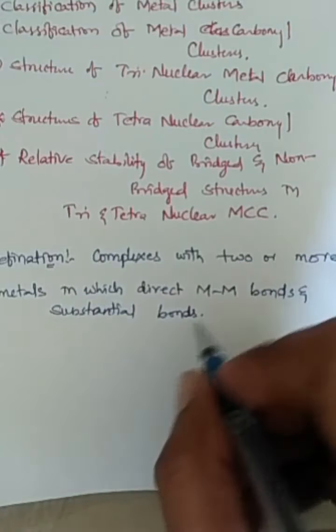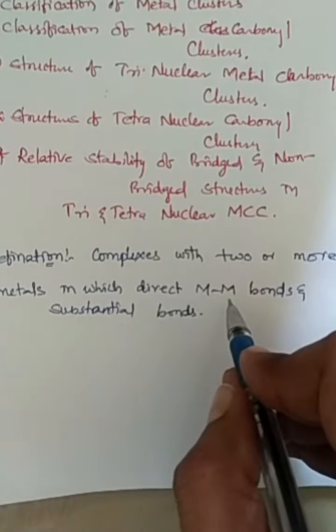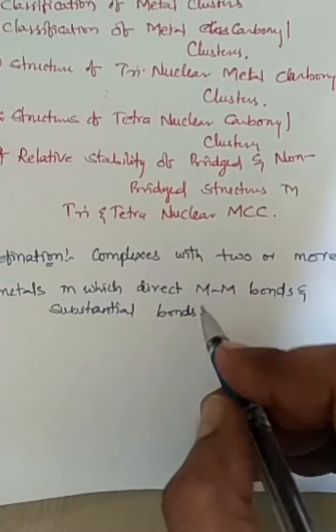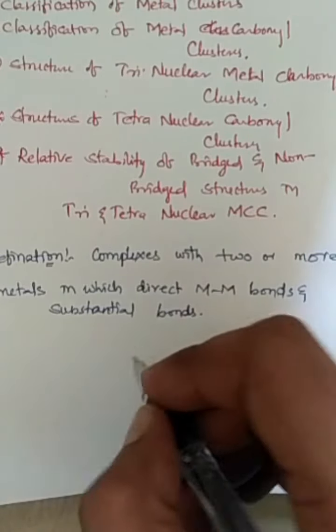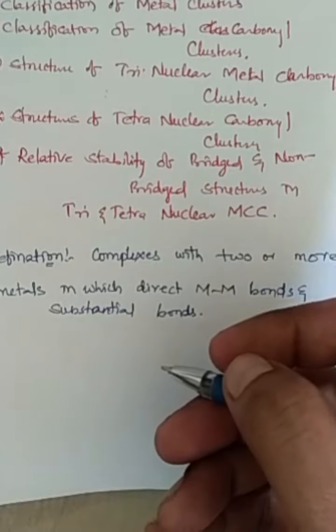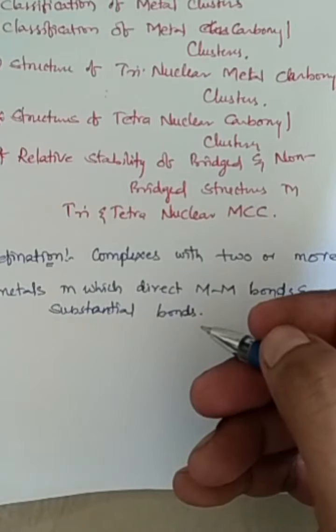The metal atoms have direct metal to metal bonds, and substantial means having much more importance for the metal to metal bonds, right?